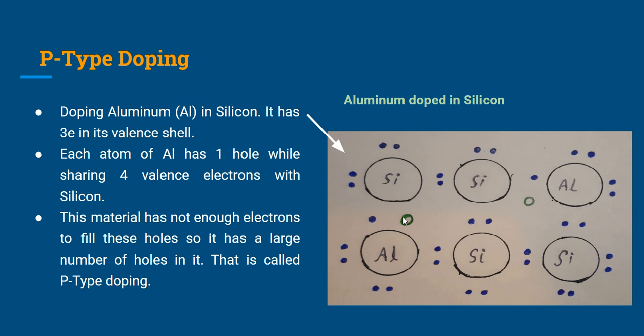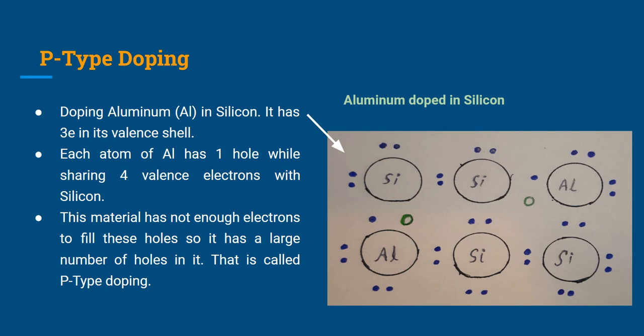That's why in p-type doping each aluminum atom brings one hole with it, and millions of aluminum atoms make millions of holes, and we don't have many electrons to fill these holes. So this p-type doping is highly positively charged.